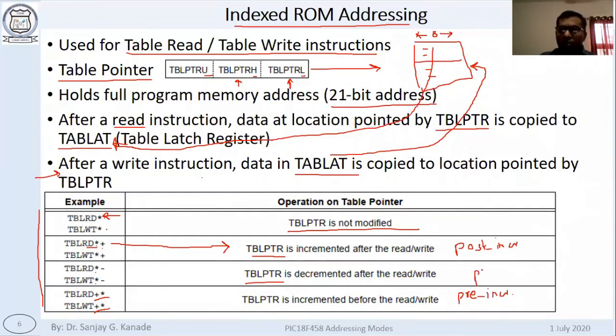This is called post-decrement. Post or pre of what? Of performing the operation. If it is a read operation, then reading will happen and the increment will happen afterwards. Here, since it is decrement, reading or writing will happen and then the decrement will happen. In this particular case, note down the sequence, +*: first the pointer is incremented and then the read or write operation will happen.